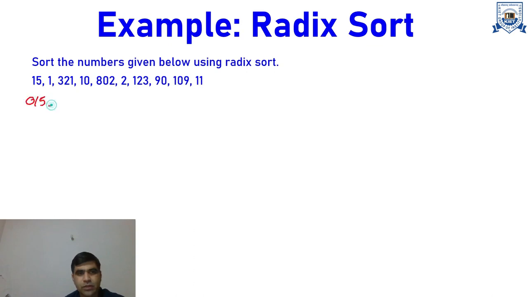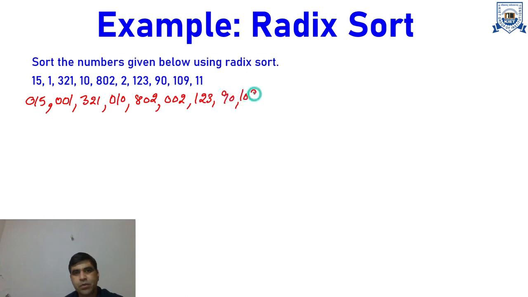So the first one is 015, and then 001, then 321, then 010, then 802, then 002, then 123, then 090, then 109, then 011. Because this is base 10, we are sorting integer numbers, so with base 10 we have digits 0 to 9, and we'll use 10 different buckets.